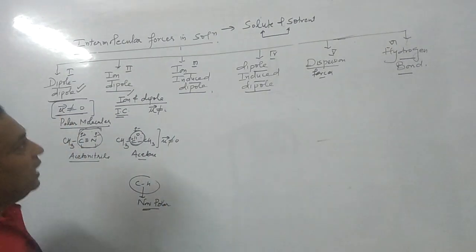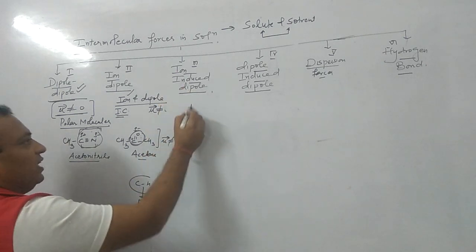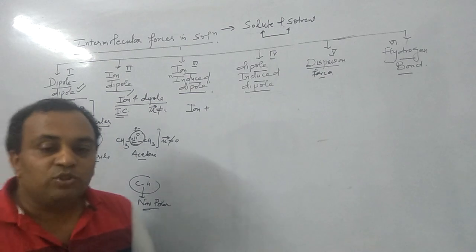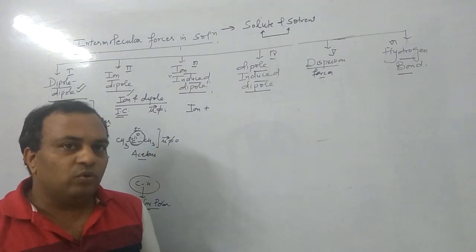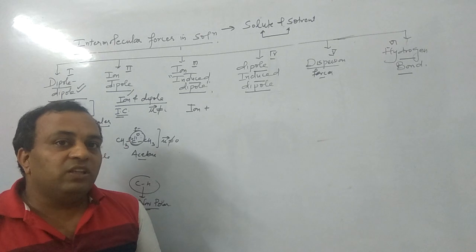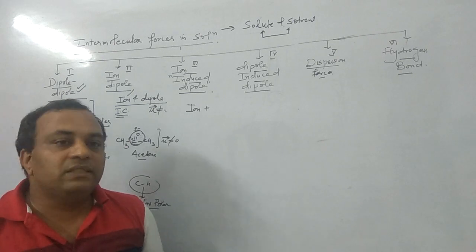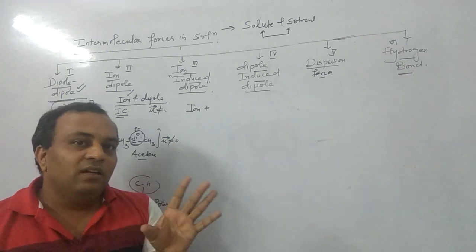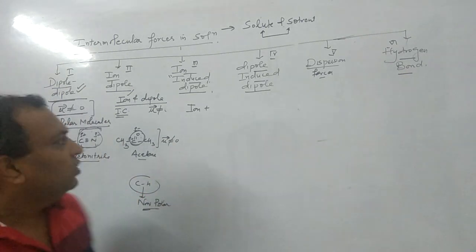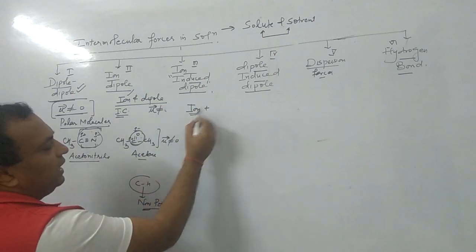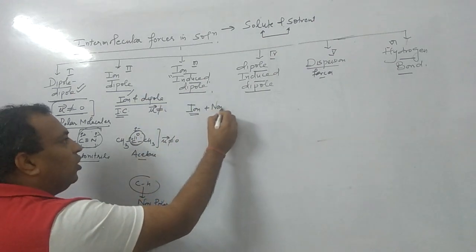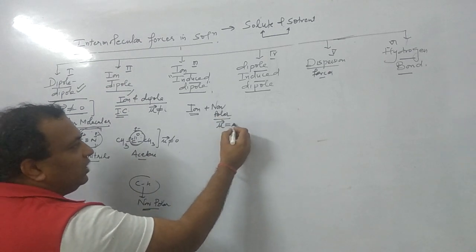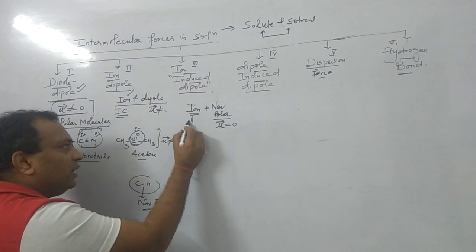Third is ion induced dipole, means one of the components is an ion, whereas induced dipole means जो आपका कंपोनेंट है उसमें डाइपोल नहीं है, then we have to induce the dipole, डेवलप करना पड़ेगा. डेवलप करने का मतलब उसमें डाइपोल नहीं है, it means it is polar or non polar. Just think, अगर डाइपोल होता then I will say it is polar, डाइपोल नहीं है, it will be a non polar. तो the force exists between an ion and a non polar compound. Non polar compound means dipole moment equal to 0, and we know that ion comes from where?